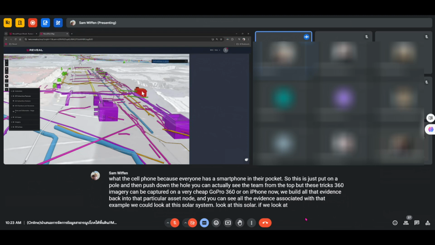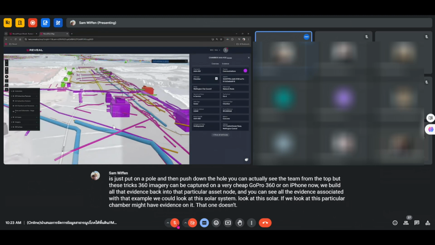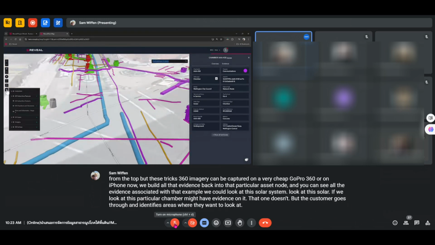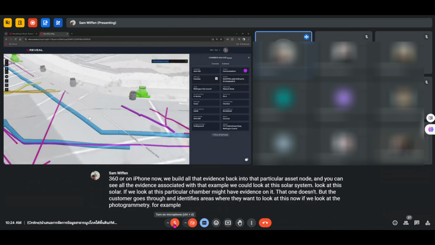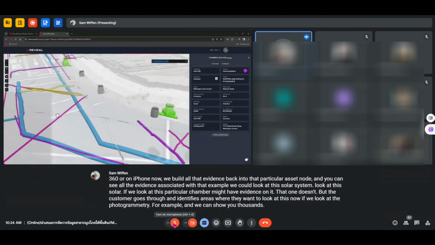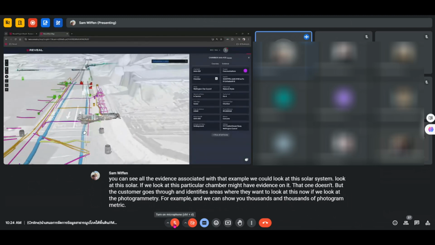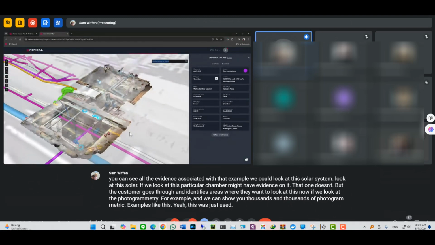If we look at this particular chamber, it might have evidence on it. That one doesn't. But the customer goes through and identifies areas where they want to look at this. Now, if we look at the photogrammetry, for example, we can show you thousands and thousands of photogrammetric examples like this. This was just used with an iPhone, and we've got a sister photogrammetry company.